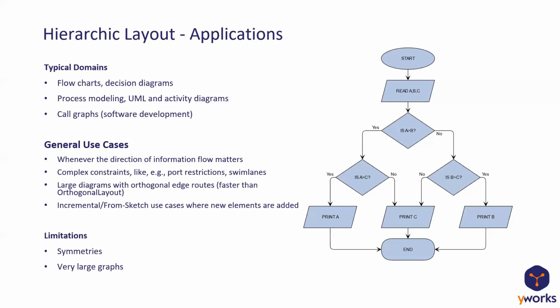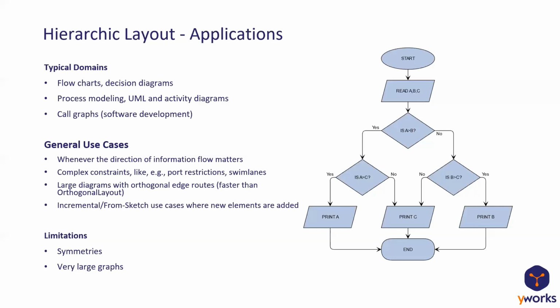And while the performance is very good, it can well be that it is even fast enough for very large diagrams, but it can be said that the result in those cases may not be very useful. So especially due to complex edge routing, the picture may in the end just be a large blob of routes and bends, and so there is not much information for very large graphs.